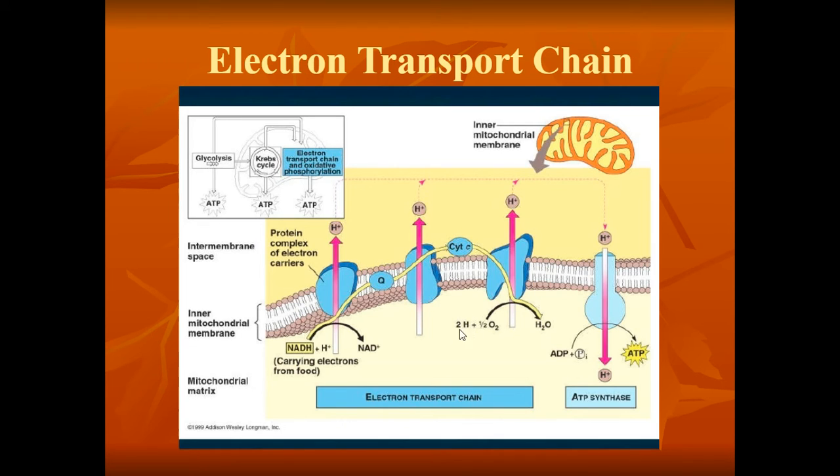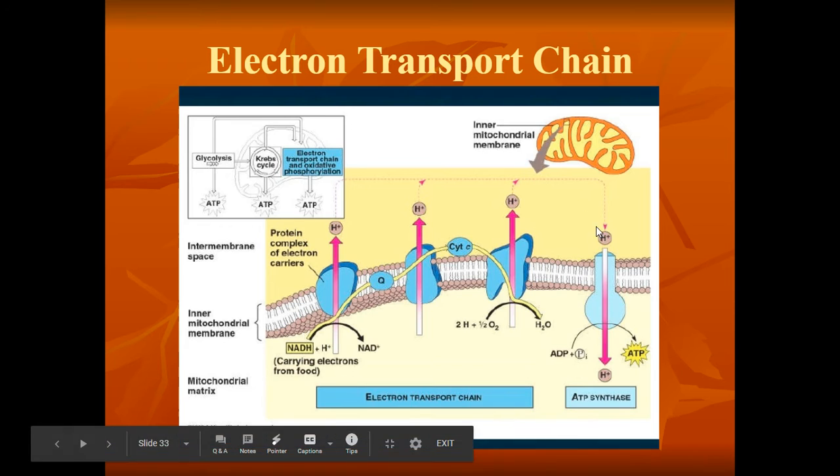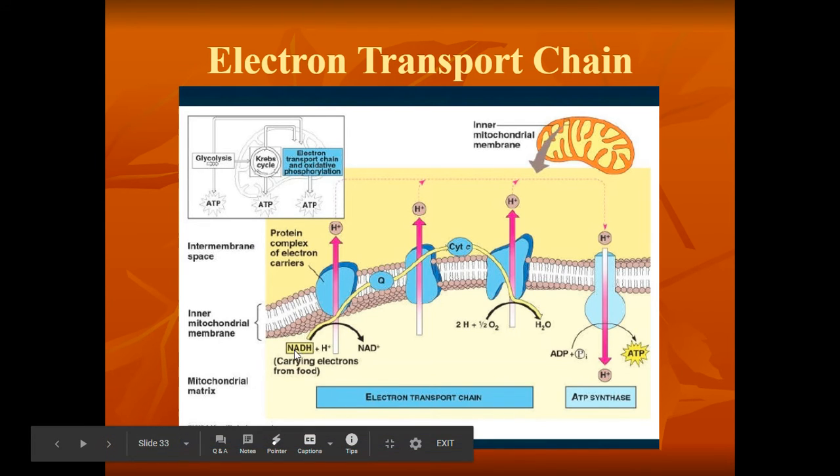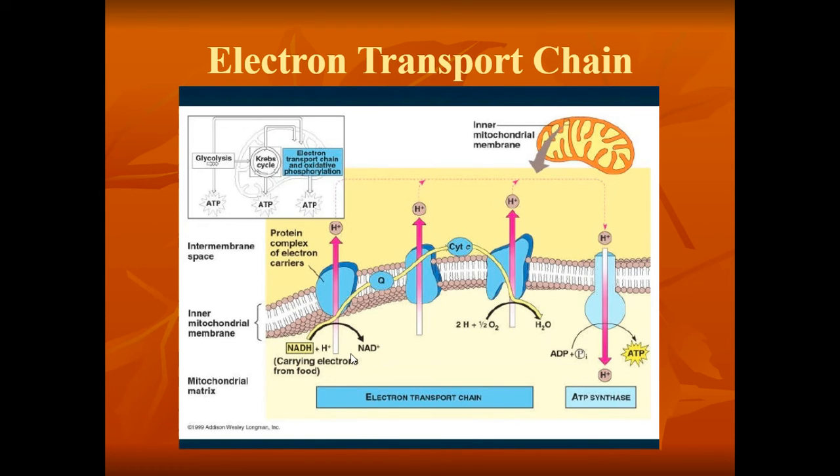This hydrogen here is useless, so that's why it gets rid of it by combining it with oxygen. We want this type of oxygen, which is H+, in other words, like free electrons, to go through and power ATP synthase. So again, in the electron transport chain we have our electron carrying molecules that get broken up.